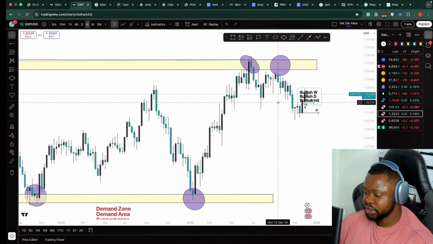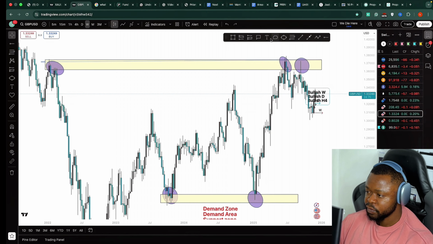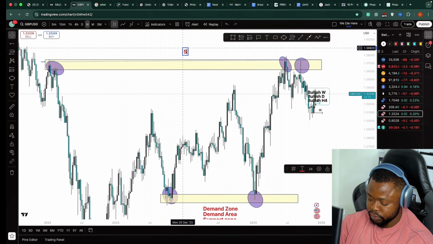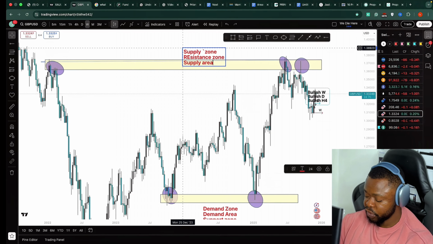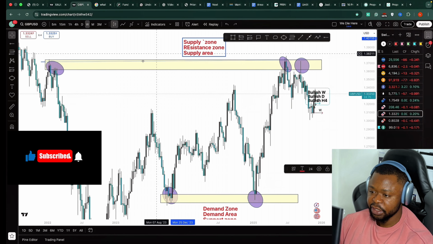If you are a seller on this day, you could make bank because this place has served as a supply zone, a resistance zone, a supply area, whatever you want to call it, it still means the same thing.